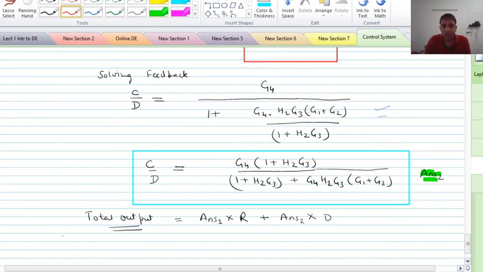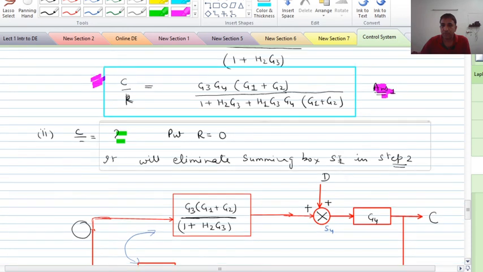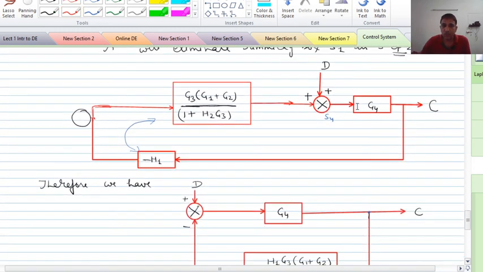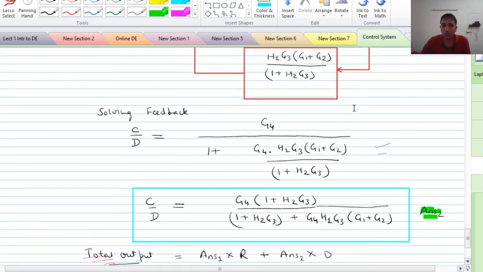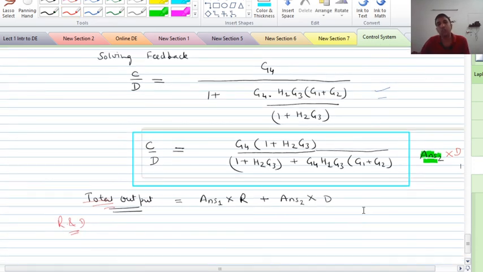If both inputs are simultaneously acting, then the total output will be equal to the answer 1 which we received at this step, multiplied by R, to find the output due to R. Similarly, we can find the output due to D by multiplying this factor by D, and the total output will be the sum of the two, and this is the superposition.